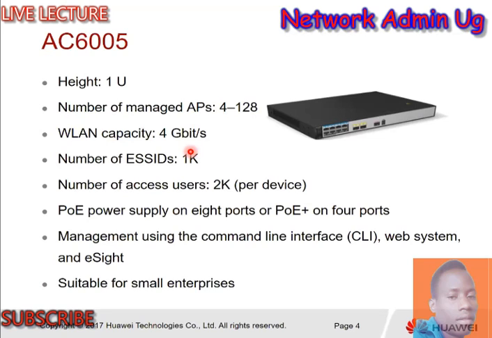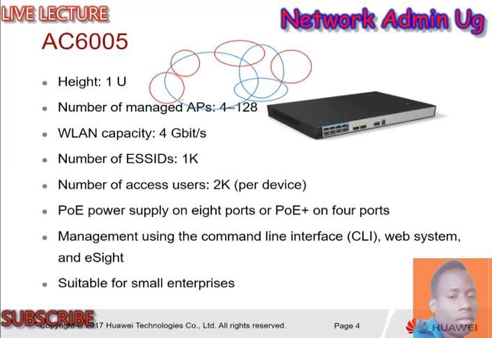What we call the extended service set identifier is when you have an SSID that is similar and is interconnected. I will illustrate this. For example, I have this as a service set ID, and I have another service set ID having the same name, connecting everywhere on the network to extend the wireless network.